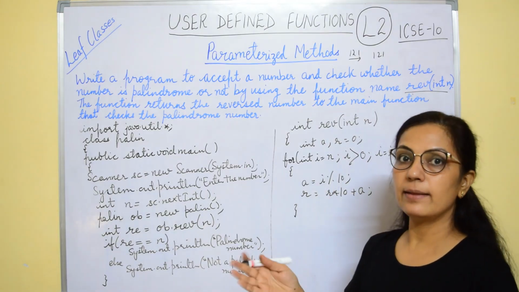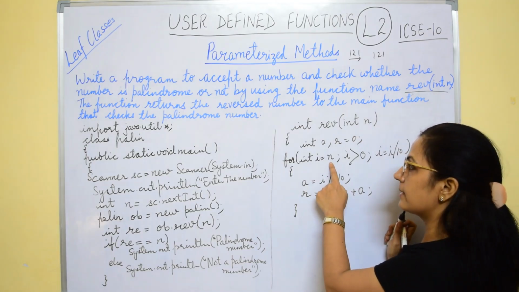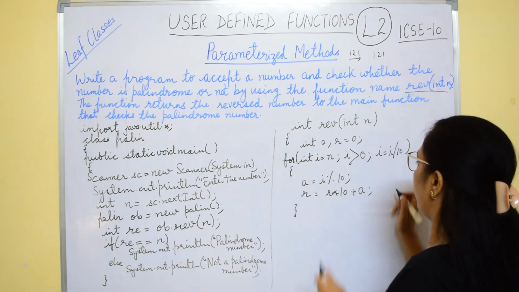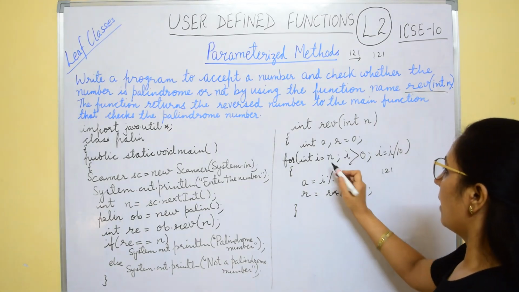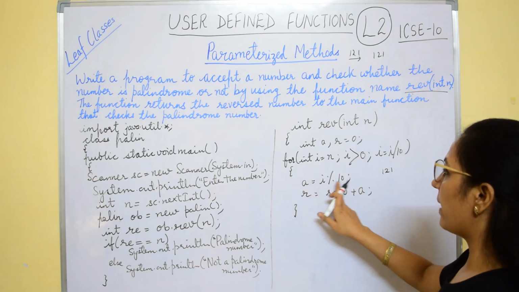We have to find the reverse of the number. For that we have initialized the looping variable with that number. Say if it is 121, i = 121, a = i % 10.